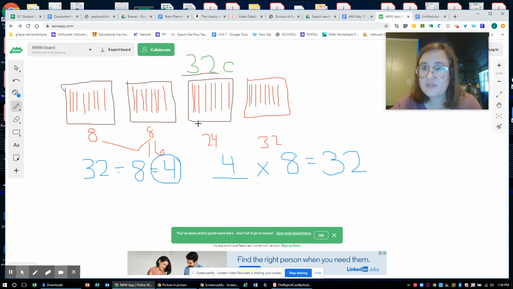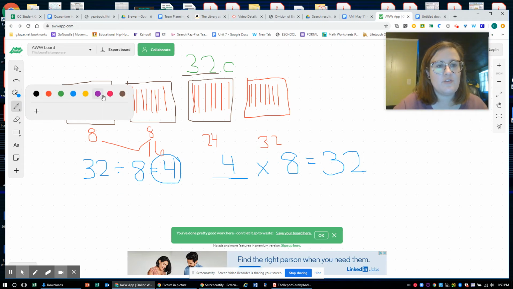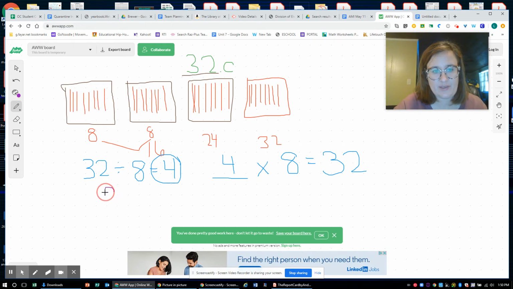Now, what if we want to use a more advanced strategy? Some of you out there are probably like, I'm past drawing pictures, I'm ready to move on from that. Let's talk about how we could do that. Did we have to draw the groups, the boxes? Probably not. Did I have to draw the lines? No. I could start doing repeated addition, right? I put 8 in a group, plus another group of 8. We said that was 16.